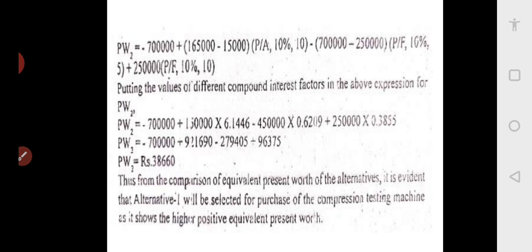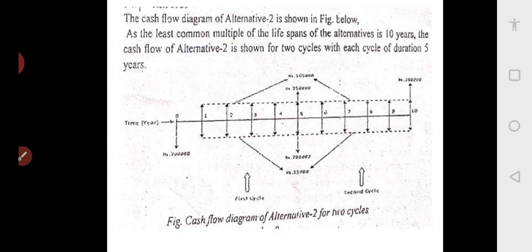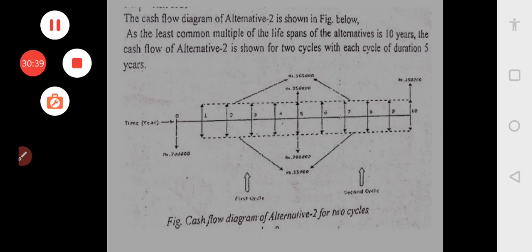The same setup I have put for the next 5 years, which is shown in this cash flow diagram for alternative 2. This is how you calculate the present worth of two equipment, so that you can arrive at a decision as to which to buy. Thank you.